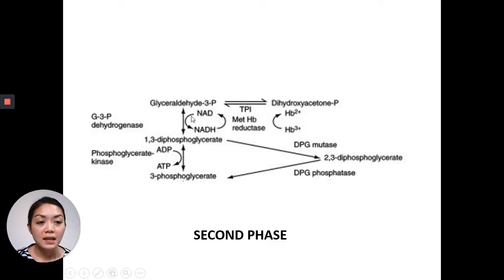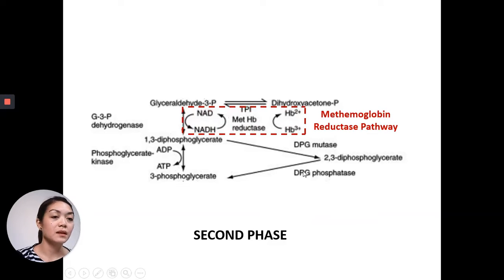Okay? And in here, you can see our 2 diversions. From the second phase, we have the methemoglobin reductase pathway, where you can see that NAD is involved in converting G3P to 1,3-diphosphoglycerate. So NAD is now reduced to NADH. NADH is the cofactor of the methemoglobin reductase enzyme, which will convert the ferric ion, or methemoglobin, to the ferrous iron.